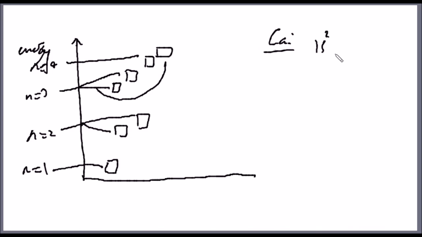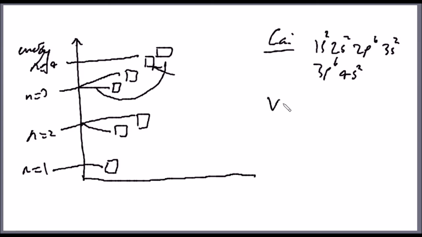It's not an ion. So 1s2, 2s2, 2p6. That's 10 electrons. 3s2. That's 12. 3p6. That's 18. And now it's not actually 3d2. It's 4s2 because that fills first, as it requires less energy for that to be filled.